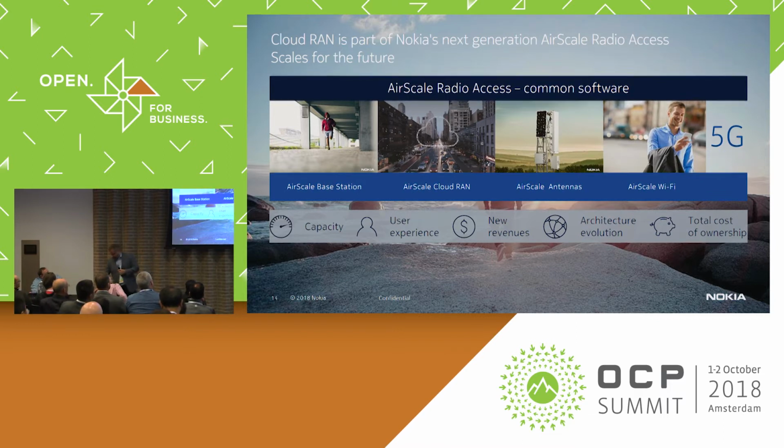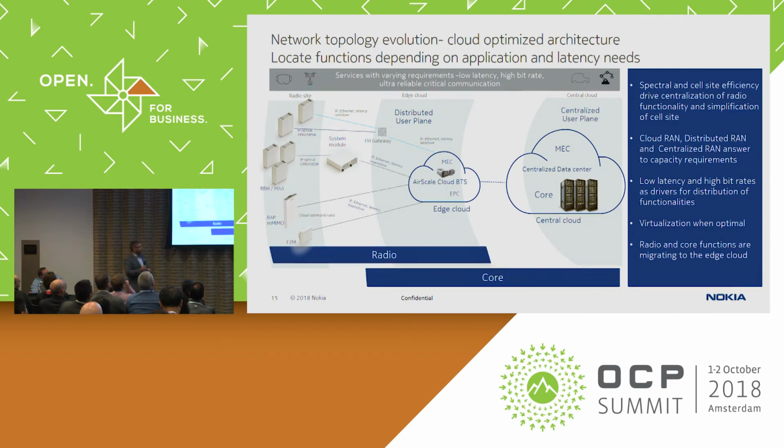In our AirScale Cloud RAN solution, we can actually flexibly build more central capacity for the workloads, and then deploy in the edge cloud things like virtualized base station, multi-access edge compute running on the open edge environment.